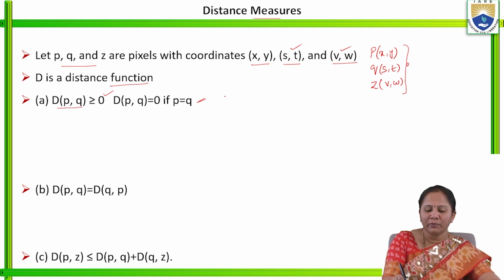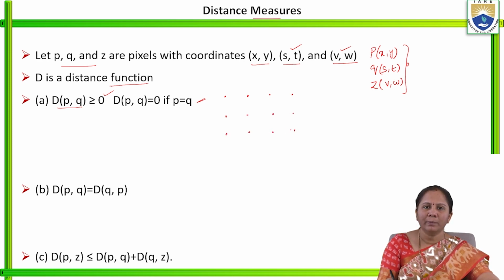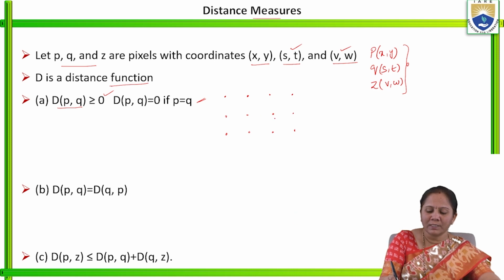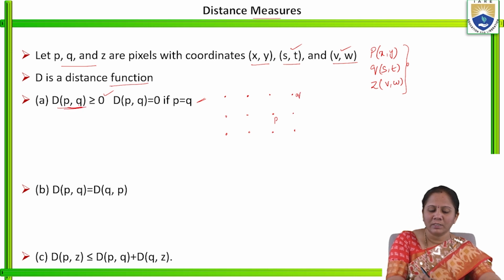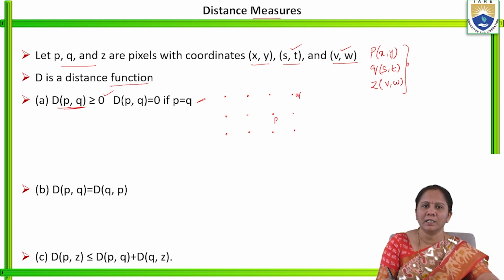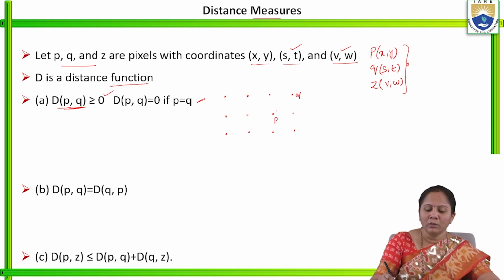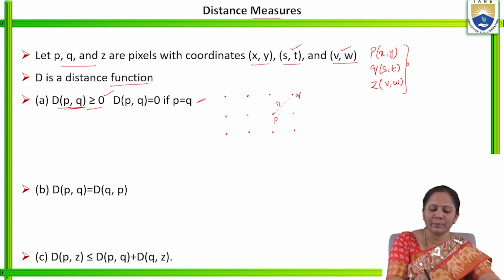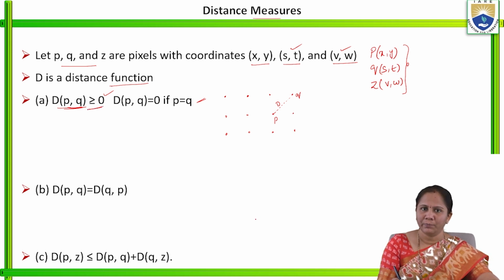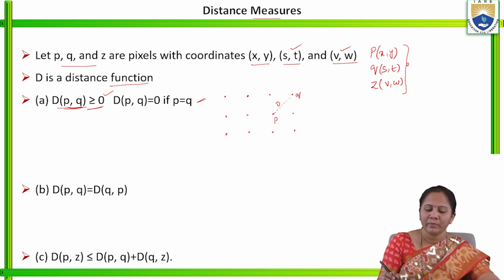If we consider these are the pixels, and this is the pixel P and this is the pixel Q, the distance between P and Q will be greater than or equal to 0, any value it will be.